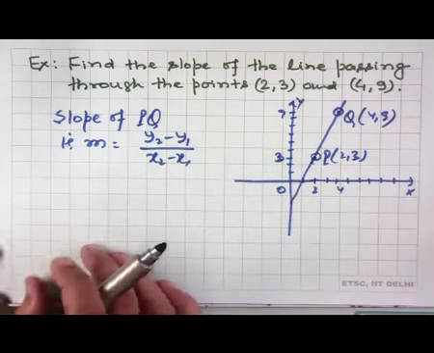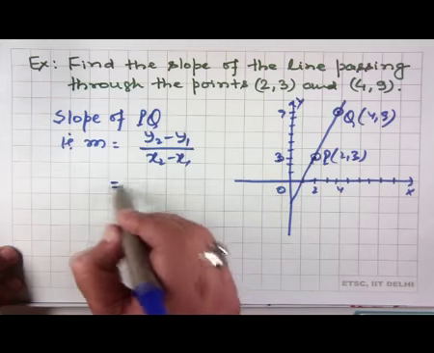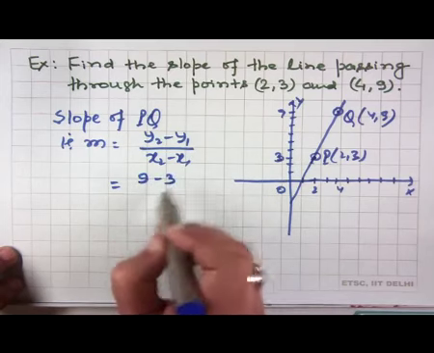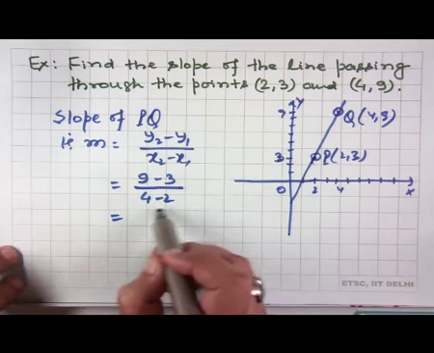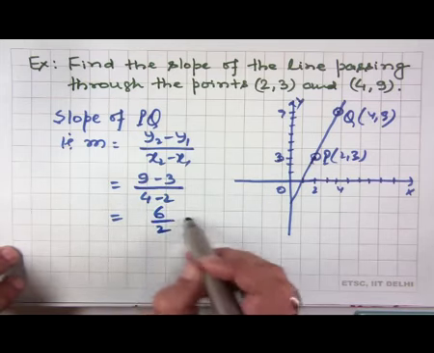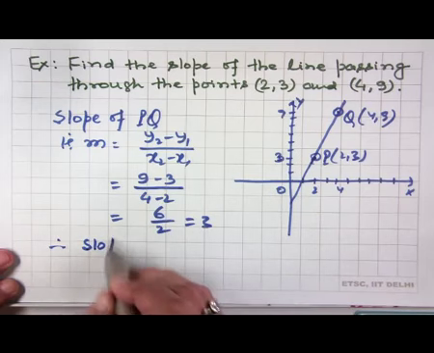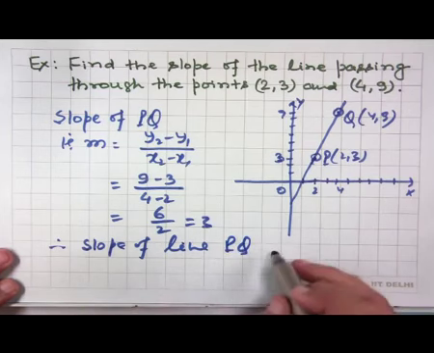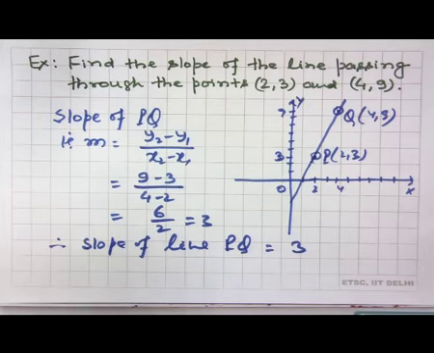So here y2 is 9, minus 3, by 4 minus 2. So this is 6 by 2, so 3. So the slope of line PQ is equal to 3.